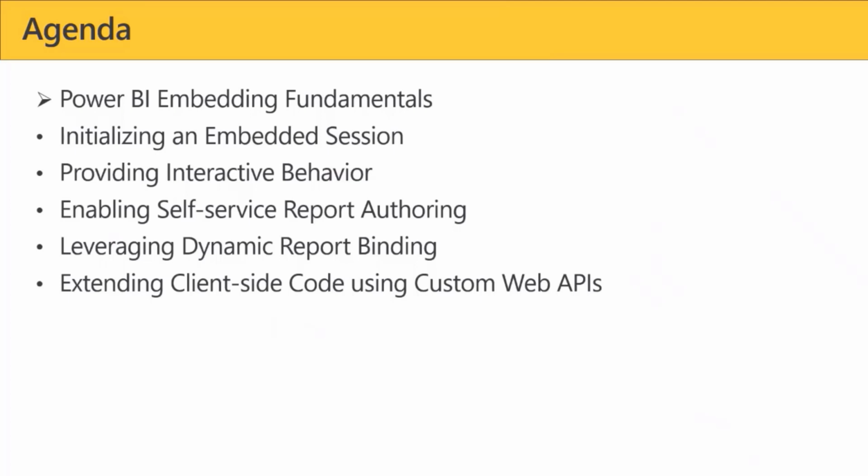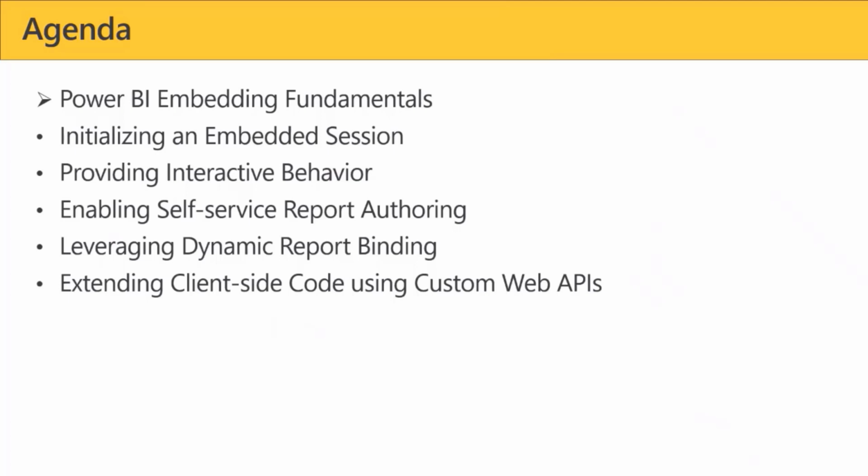So if you want to give the users of your application the ability to change how they're viewing the report, you want to give them different navigation, we're going to cover that here. We're going to talk about using Power BI embedding and opening up reports in edit mode or in create new mode. We're going to talk about dynamic report binding toward the end. That's a really neat topic.